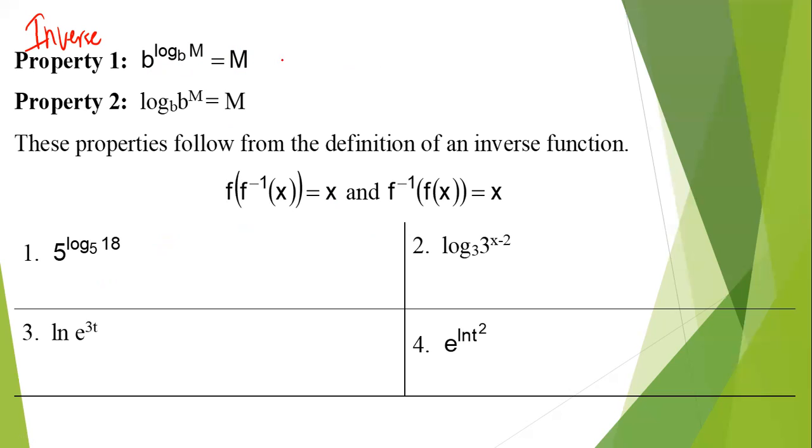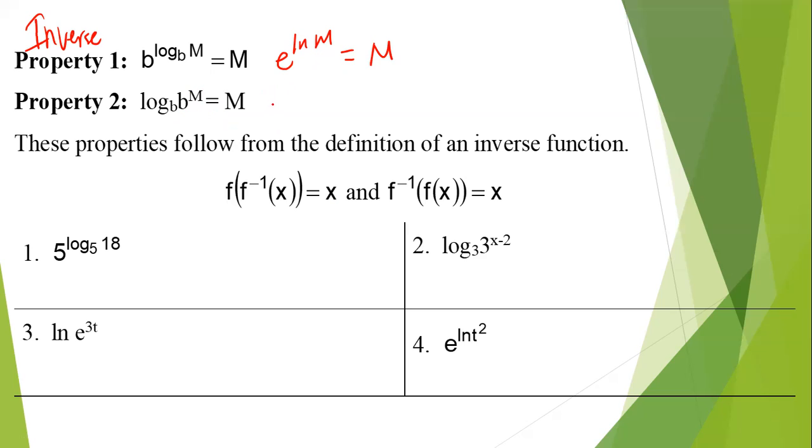Okay, this also applies to natural log. If you have e to the natural log of m, they're going to cancel each other out and you're just going to be left with m, because they again are inverses of each other. Okay, property number 2, if you have a log of a number with the same base as the log base, they cancel each other out and you're just left with the number, that power.